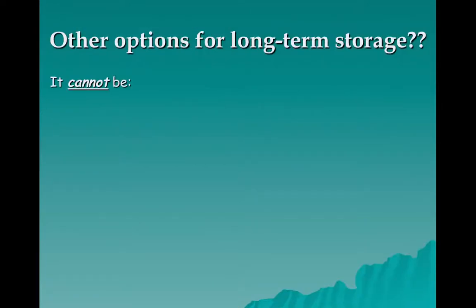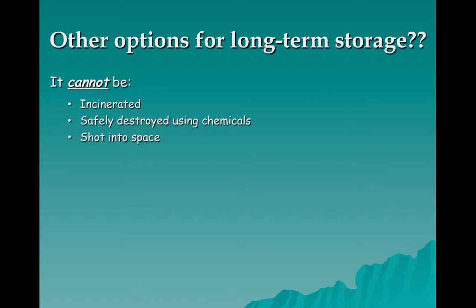Other options for long-term storage, they cannot have, long-term storage can't include any of these options, which is problematic. It can't be incinerated or burned, because you just release all that radioactivity. There's no way to safely destroy it either. Shooting it into space is not a viable option, because we don't know where it's going to go after that. It could, in theory, come back to us, or same with dumping it on the ocean floor.